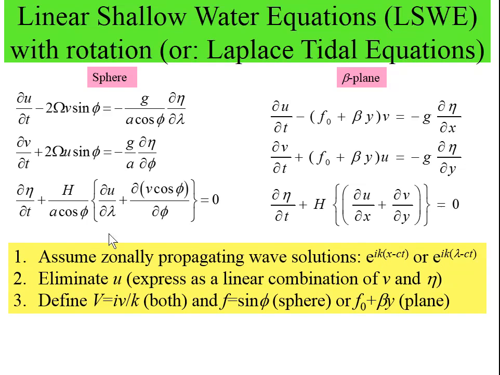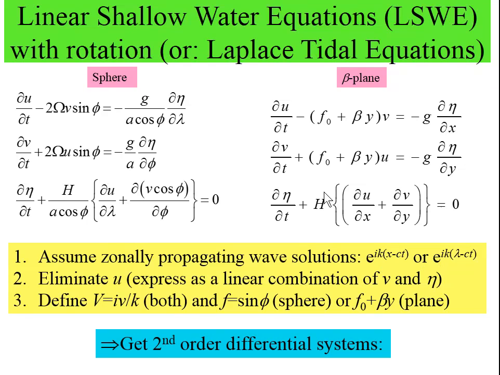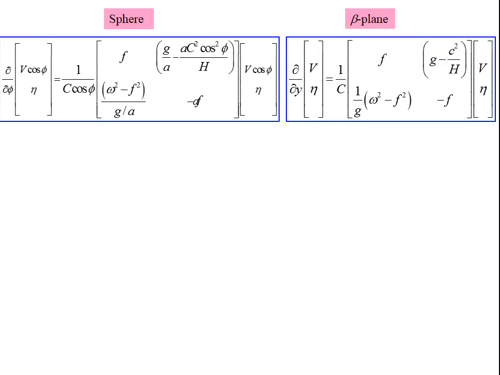Since in the zonal momentum equation there are no y or meridional derivatives, we can eliminate u from these systems, and by slightly redefining the variables, get a system of 2 first-order equations, both on the beta plane and on a sphere.